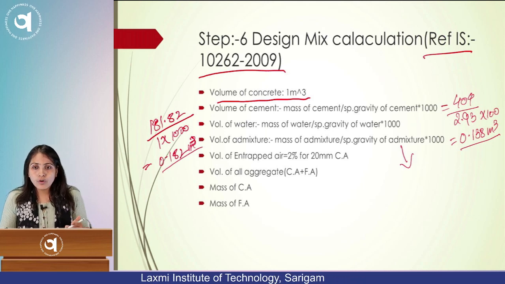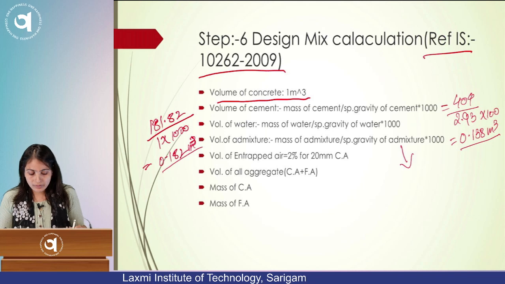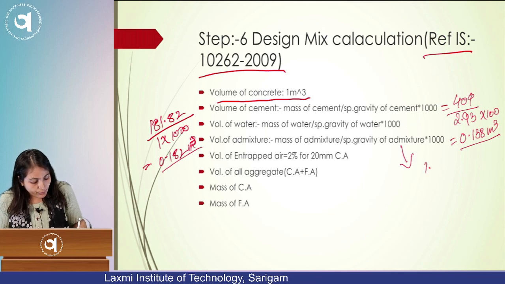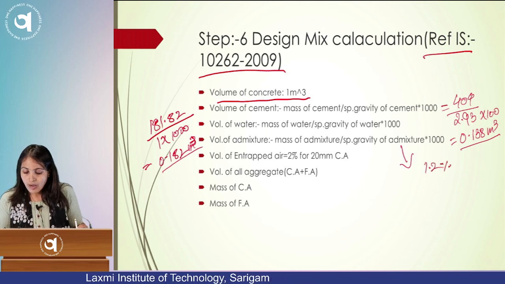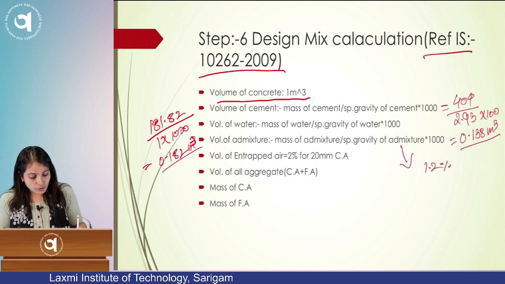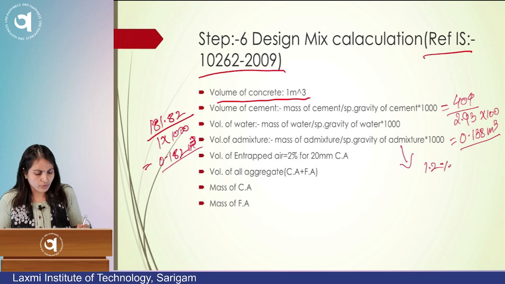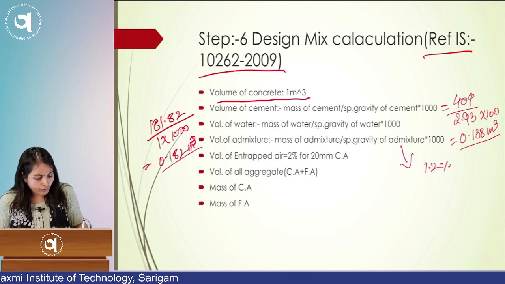Here we have assumed that we will take 1.2% as the mass of admixture. In the question it is written that the specific gravity of admixture is 1.121.